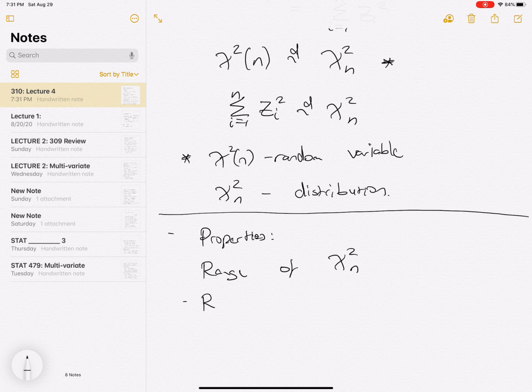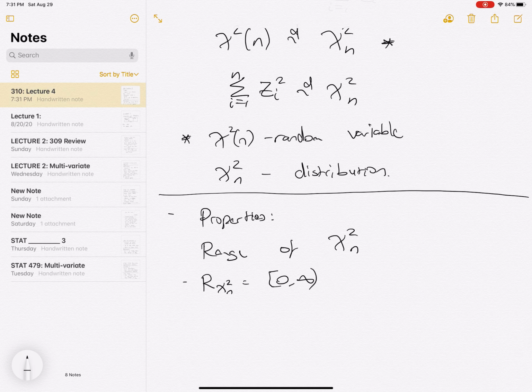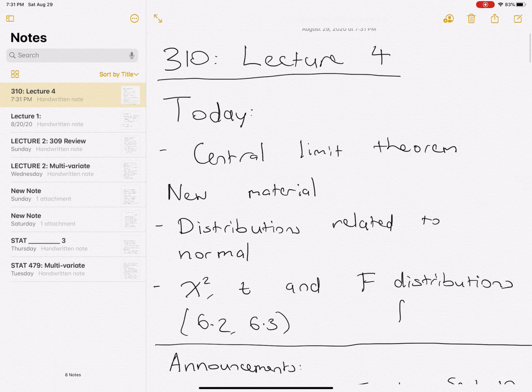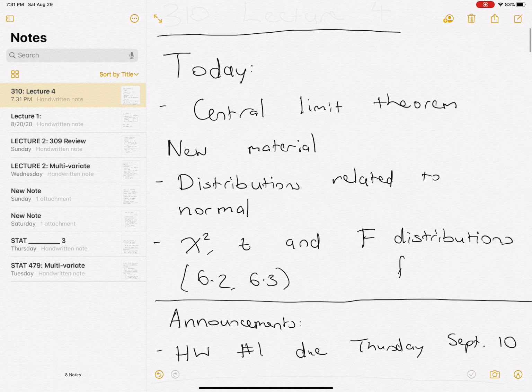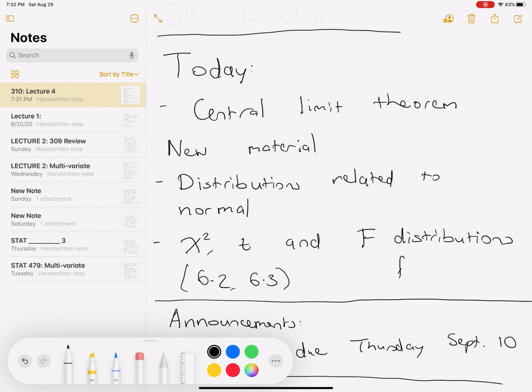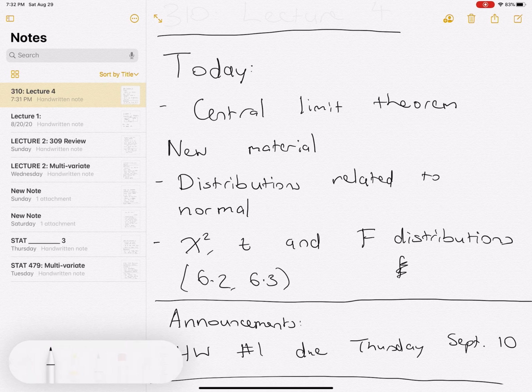So the range of chi-squared n is 0 to infinity. It has to be only a non-negative number. What n refers to here is the degrees of freedom.